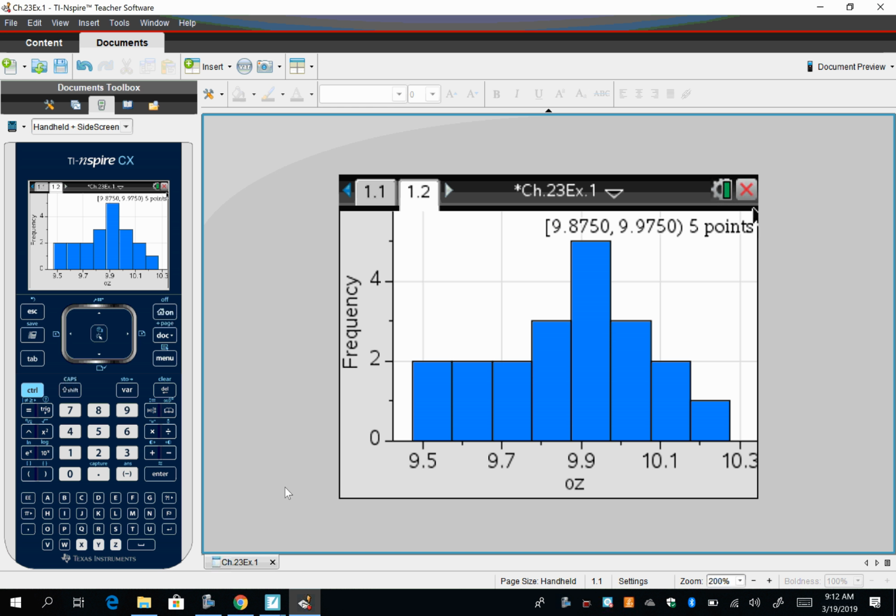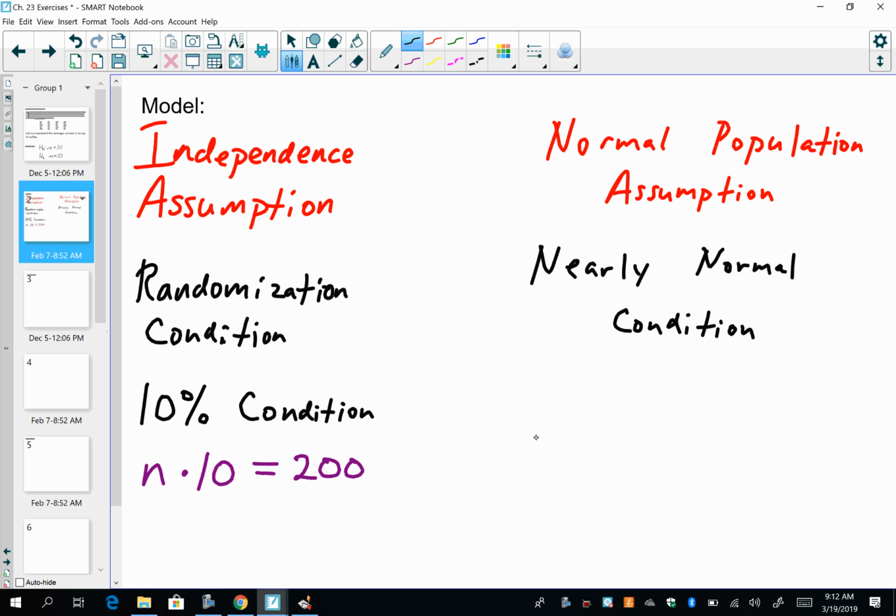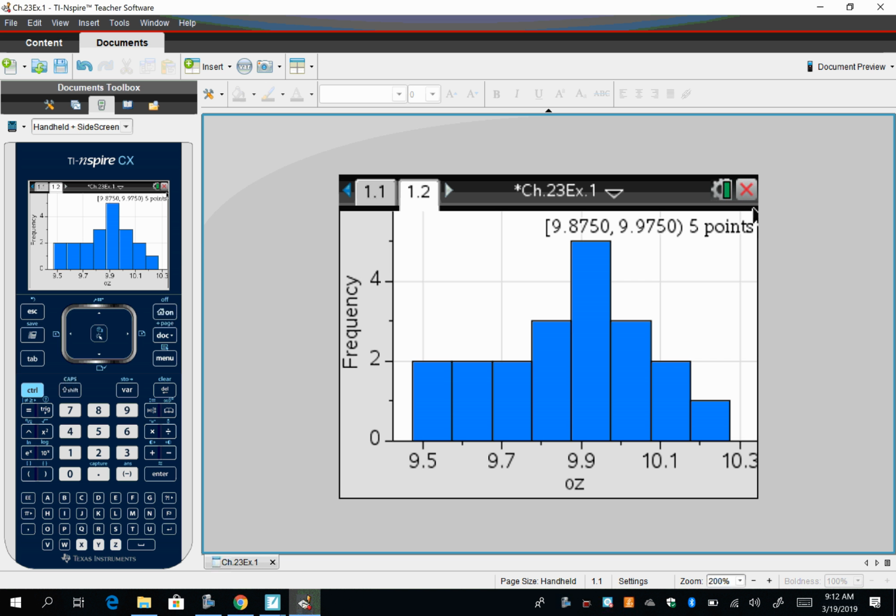I should have made myself clear when I said sketch it. I wanted to see the actual bars. I don't mean sketch like a curve. I mean the actual bars, the histogram. There you go. Perfect. Thanks, Demo.